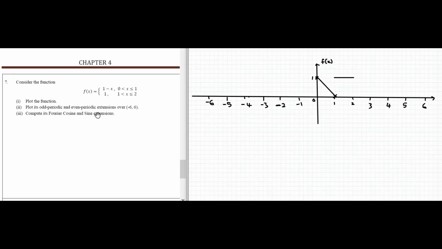So even periodic is symmetrical to the y-axis.